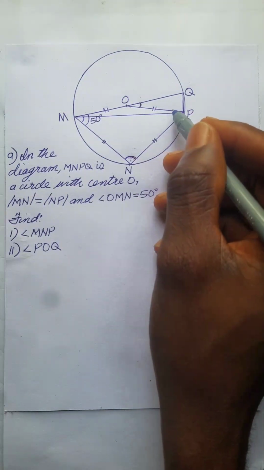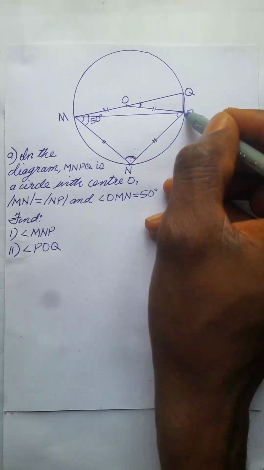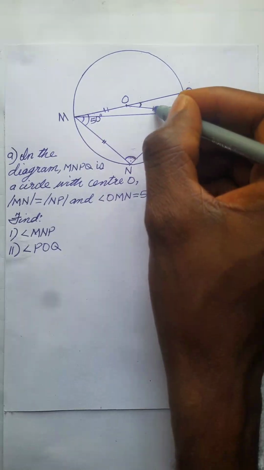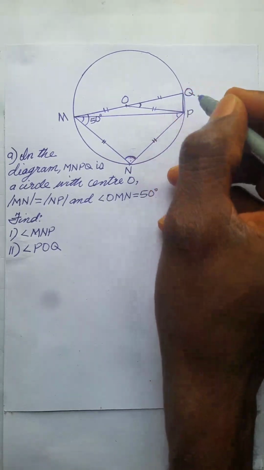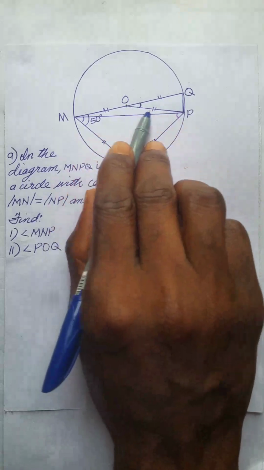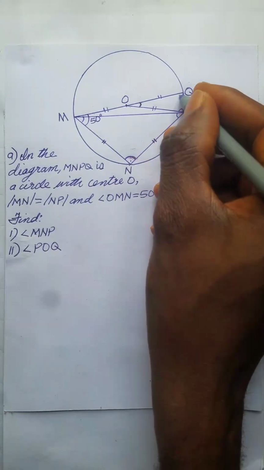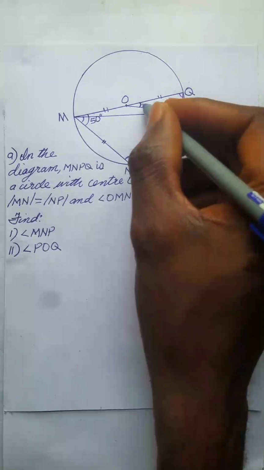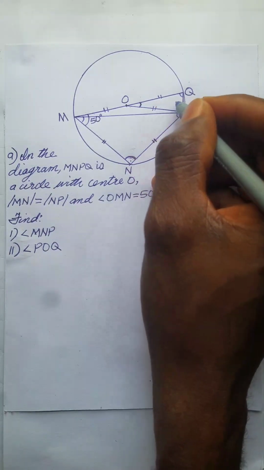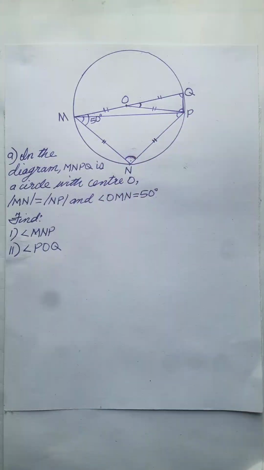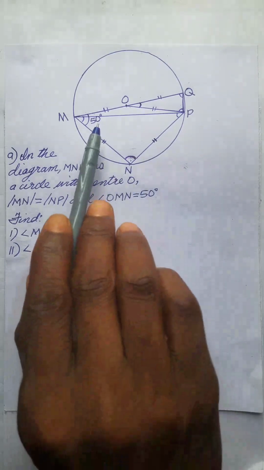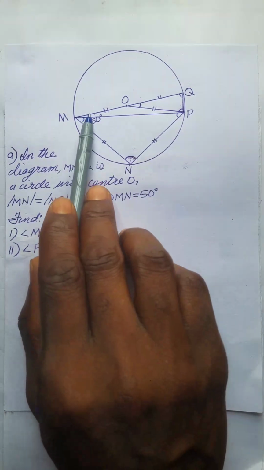And also look at this. This is a radius, this is also a radius. That means this is equal to this, which means this is an isosceles triangle again. If I know this angle, I also know this angle, and then I can find my second answer. It's very easy. So let's begin by seeing how we can utilize this angle.